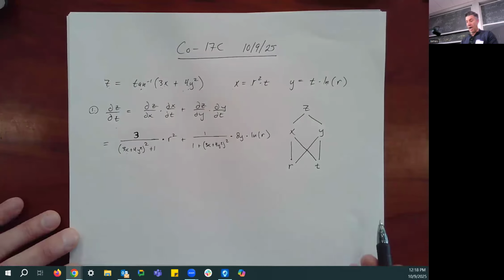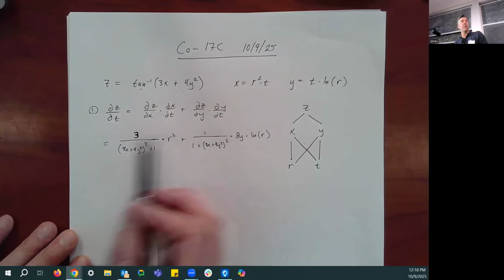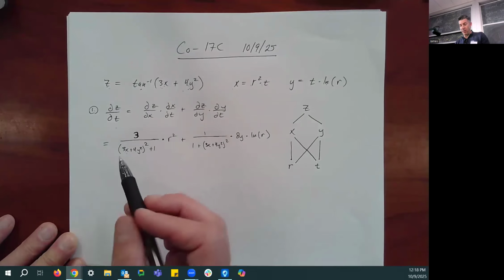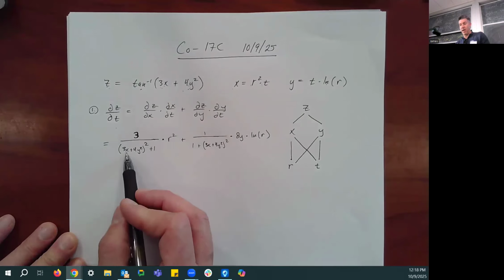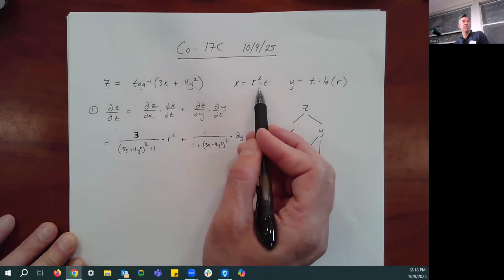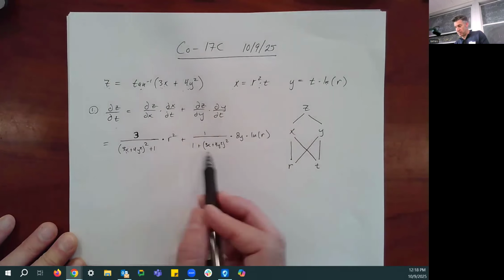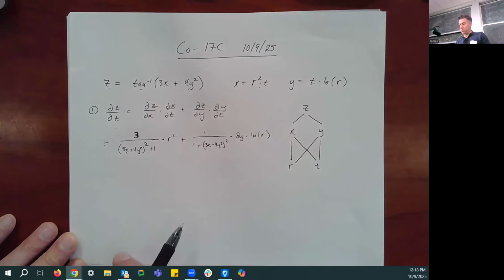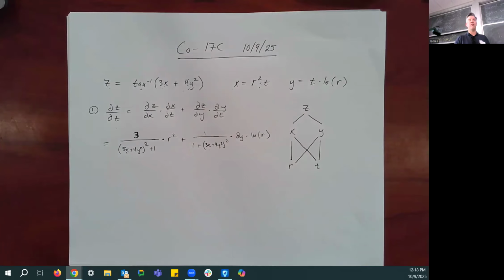So if it were me, I would probably type this out in WebWork first because it's easier for me to type that visually and then highlight each x and replace it with r squared t, and highlight each y and replace those with t natural log of r. It's probably an easier way to make sure it gets input correctly instead of trying to type it all out.